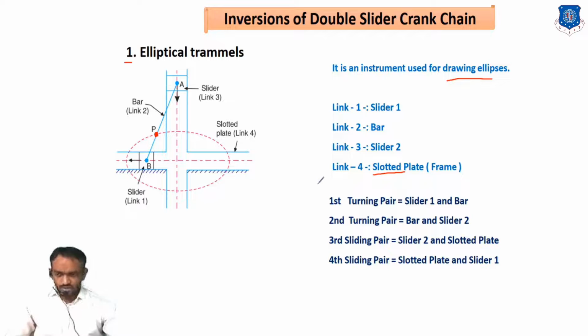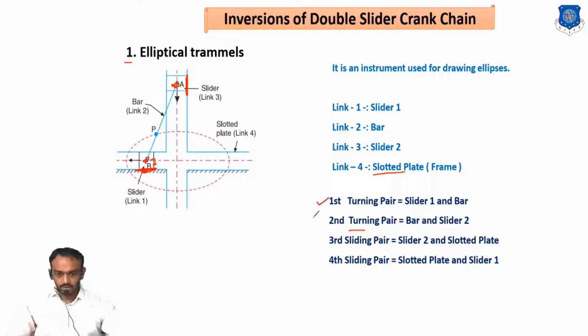But first of all, which type of pairs are in this mechanism? There are four pairs. First is a turning pair between slider 1 and the bar, turning pair number 1. Number 2, bar and slider 2, the second turning pair. Then sliding pair number 3, and slider 1 and the frame is the fourth.